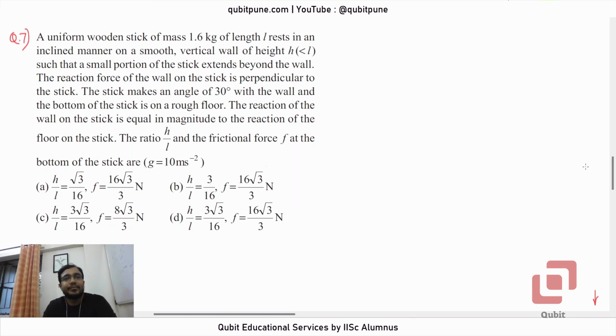Question 7. A uniform wooden stick of mass 1.16 kg of length L rests in an inclined manner on a smooth vertical wall of height h less than L such that a small portion of the stick extends beyond the wall.